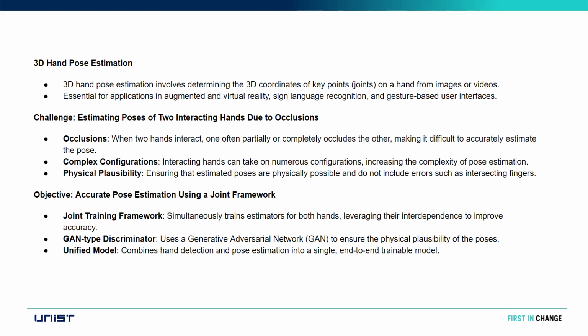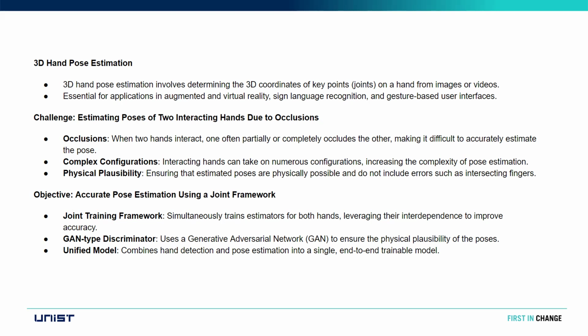There are some challenges on this task, such as occlusion, especially when two hands are interacting, where obviously one of them will occlude the other one. This makes it difficult to detect the other hand's key points. There are also complex configurations: interacting hands can take on numerous configurations, and the interaction can be a lot of things.